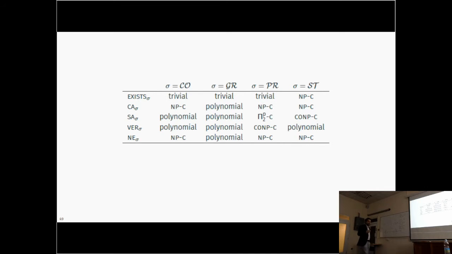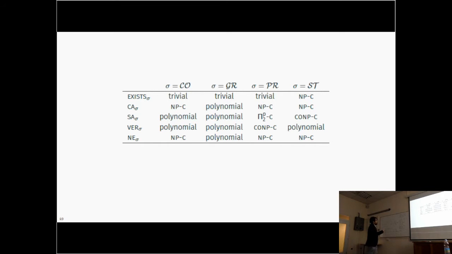Credulous acceptance means that, given an argument, you identify whether this argument belongs to at least one semantics extension or not. That is NP-complete for complete, polynomial for grounded. Grounded is always polynomial. Preferred is NP-complete, and stable is NP-complete as well. Skeptical acceptance: you want to check whether an argument belongs to every single semantics extension.